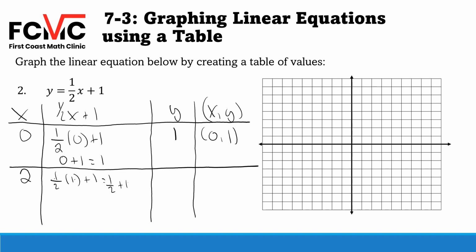So let's choose 2. Because if I choose 2, I could take half of 2 and get another whole number. Half of 2 is 1 plus 1 gives me 2. So instead of dealing with a fraction or a decimal, I'm dealing with a whole number.